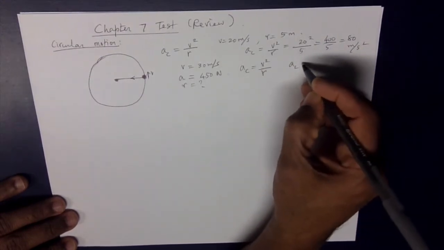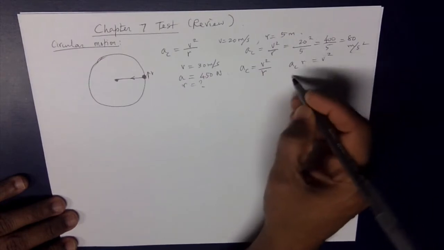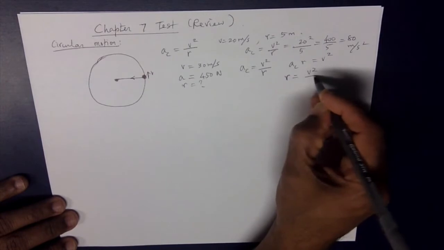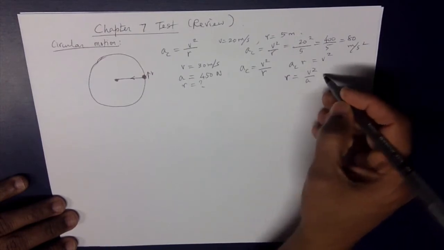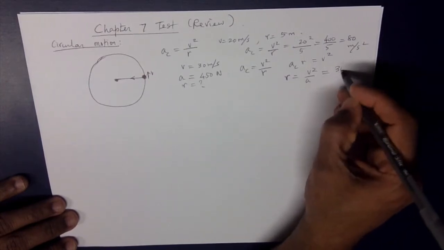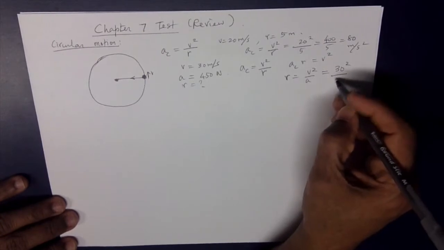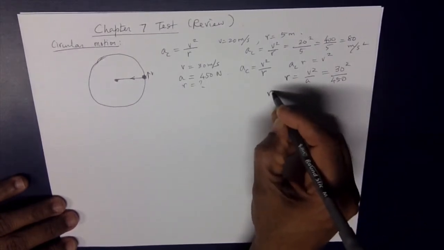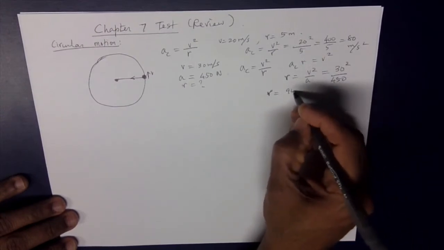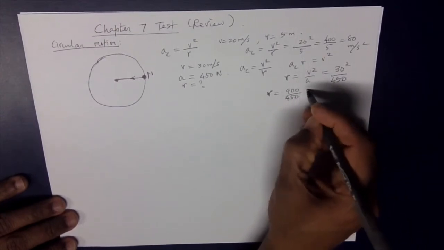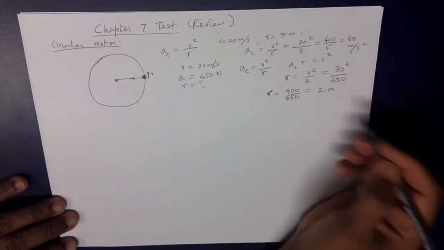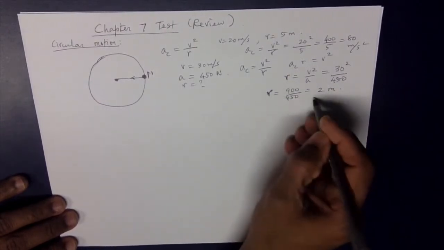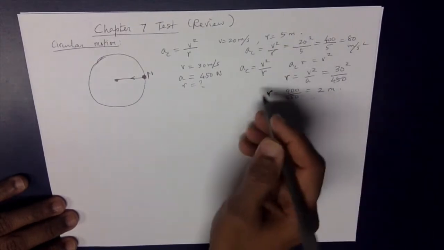So a times r is equal to v squared. So what is r equal to? r will be v squared over a. Substitute now 30 squared over 450. So we have radius equal to 900 over 450, which is 2 meters. So you can be expecting radius calculation or acceleration or even speed.